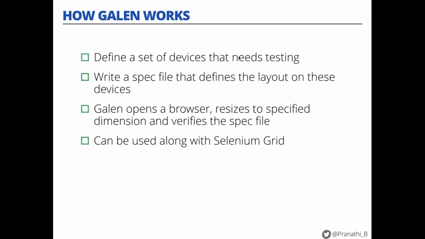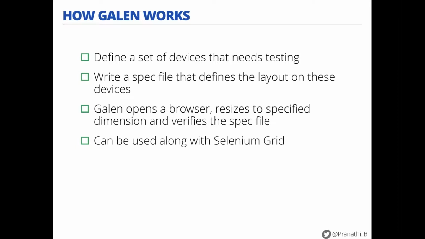All right. So how does Galen work? Remember how I mentioned dividing your resolutions into different buckets? That is a concept Galen uses too. First you define a set of resolutions that you want to test for. And then we write something called a spec file, which defines how your website should look in that particular resolution.